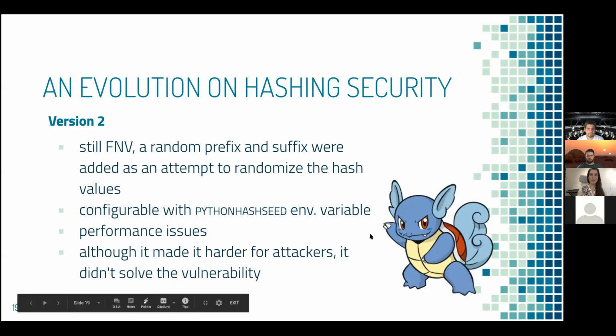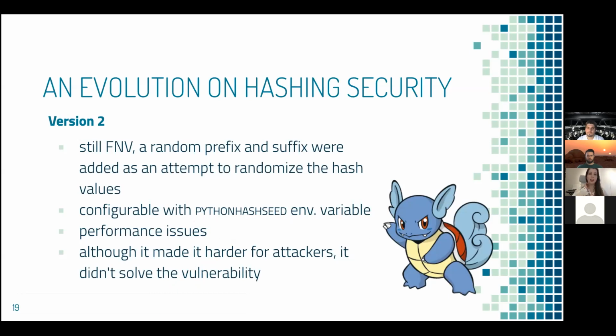This made it harder, so there weren't any practical attacks, but theoretically the vulnerability was still there. So even though it was an improvement because it made it harder, it didn't completely solve the problem. Plus, it added a performance issue compared to the first version.